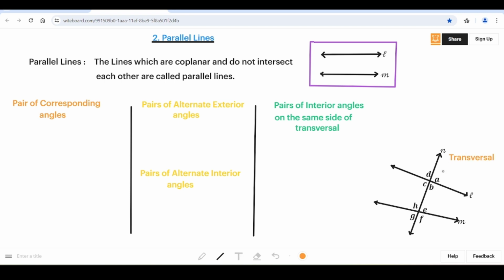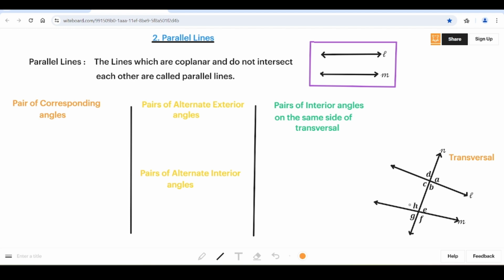Now as this line N intersects the lines L and M, we see some angles are formed: angle A, angle B, angle C, D, E, F, G, H. Now we are going to learn what these angles are and what types of angles they are.